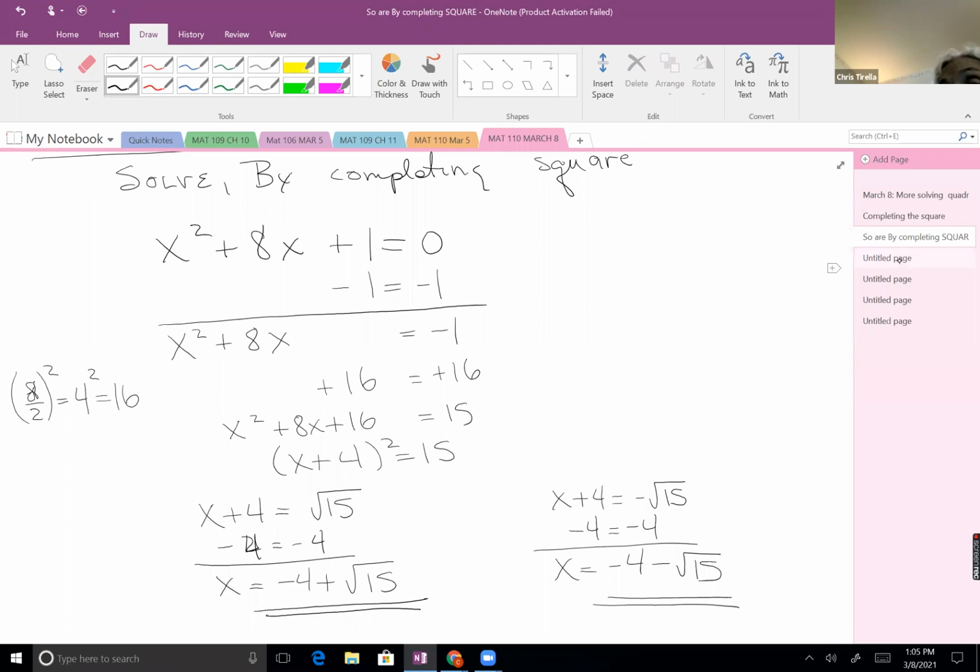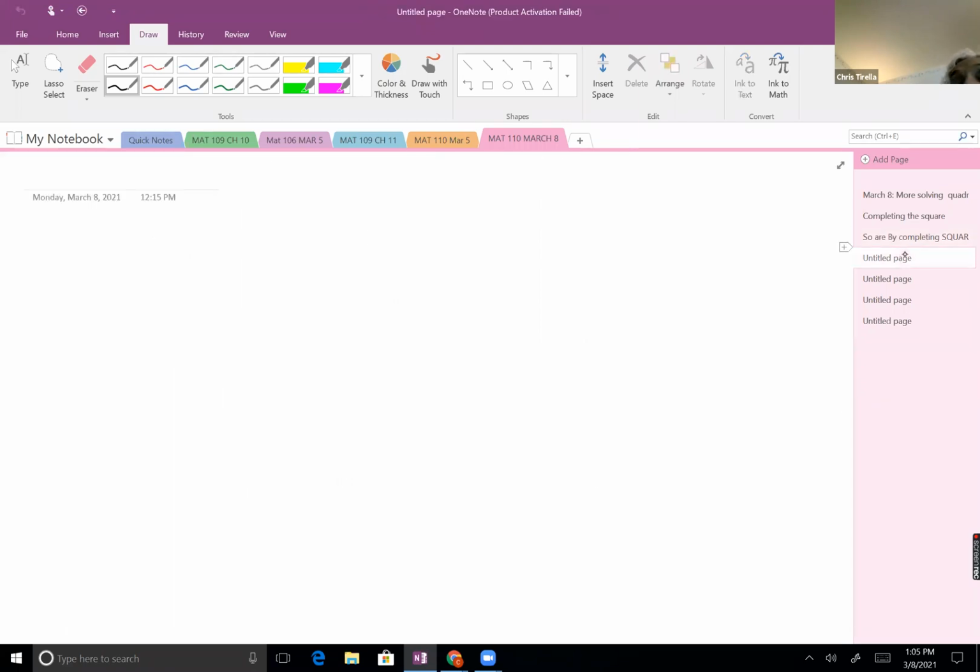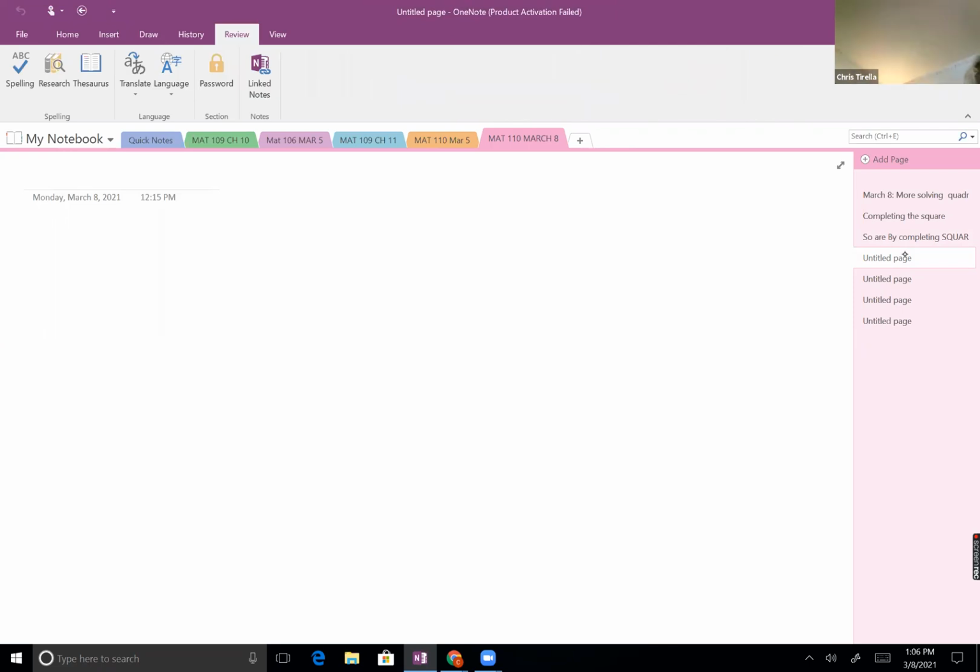Somewhere along the line, somebody got tired of completing the square to solve those quadratics with irrational and imaginary roots. And it led to something that was called the quadratic formula.